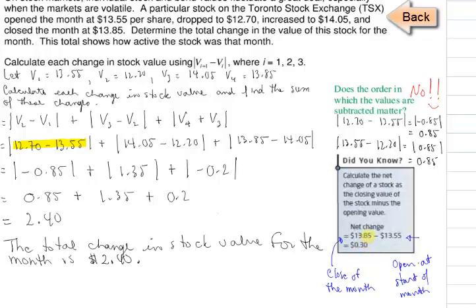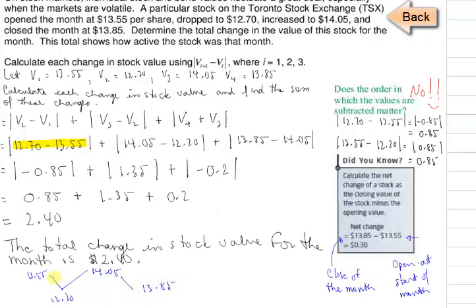Okay, now how does that compare to the total change in stock value for the month? Well, we started at $13.55, it went down to $12.70, and then it went up to $14.05, and then it went down to $13.85.